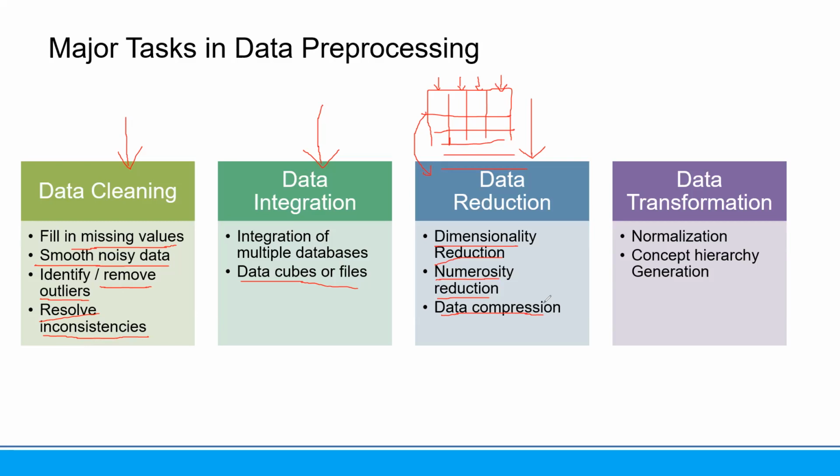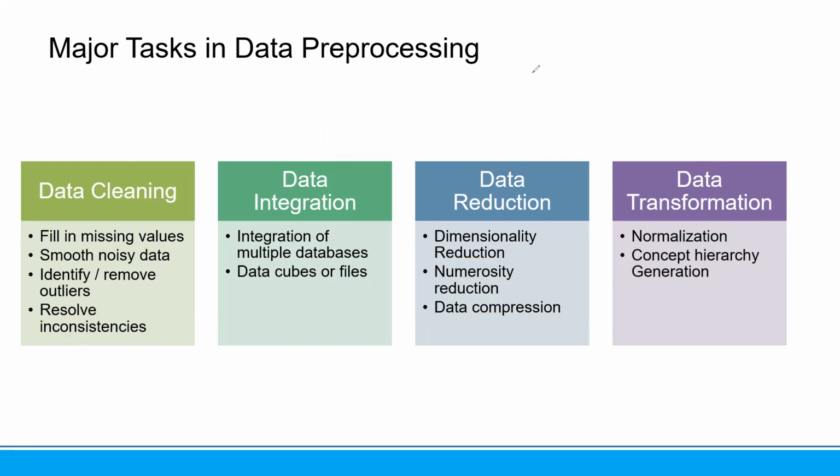So some tools will compress the data, from 20 megabytes to 10 megabytes, or from 10 megabytes to 2 megabytes. The picture is still the same, but the pixels are reduced. So that is data compression. Data transformation involves concepts like normalization and concept hierarchy generalization. We can learn those later.